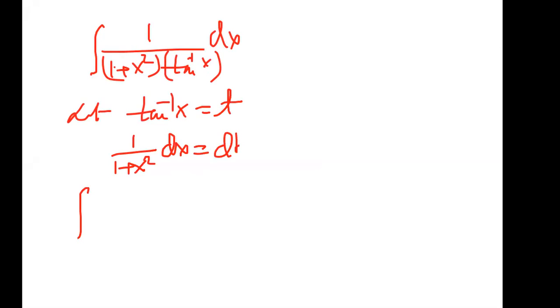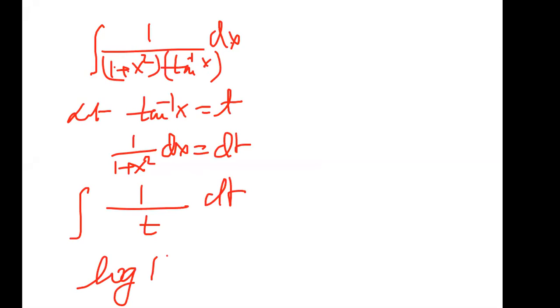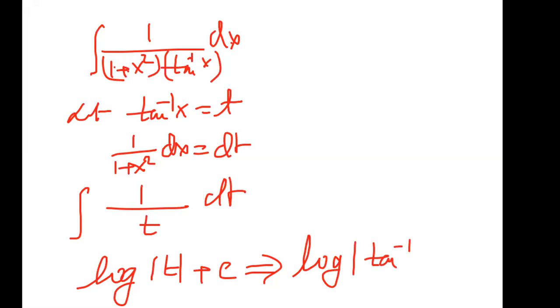So it will be integral 1 upon t, because dx upon 1 plus x square is dt. So it will be log mod t plus c. The value of t we are going to put, so it will be log mod tan inverse x plus c. In this way, we could do the questions based on this.